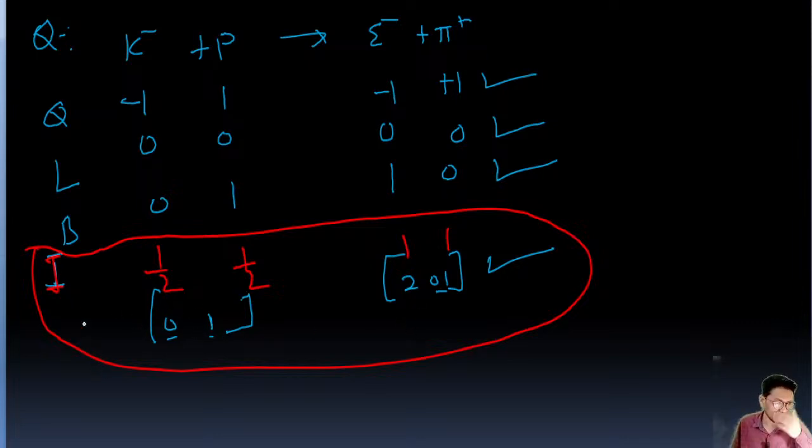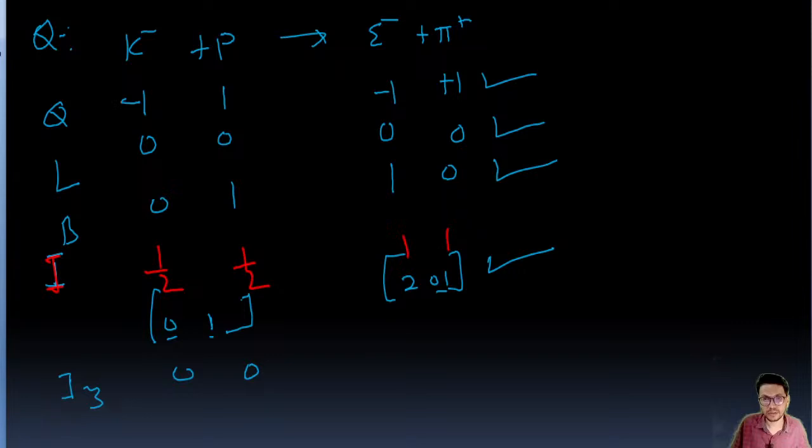Next we are going to find the I3 component. I3 is very simple. This is 0, 0. I3 is 0 and 0, and this is minus 1 and 1. So I3 is conserved.